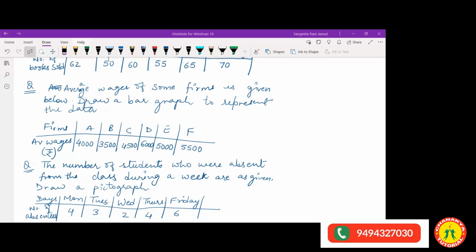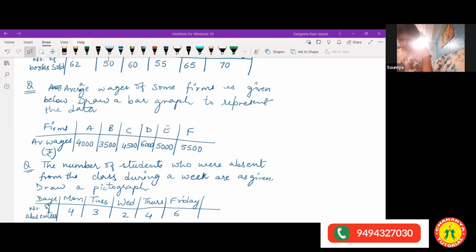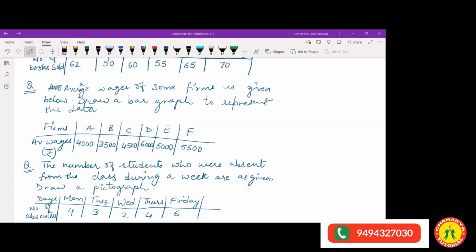See, you have the bars standing straight. That means you have not taken firms on x-axis. A, B, C you have taken on x-axis, no? Yes, ma'am. So write x-axis. X-axis is the sleeping axis, the sleeping line. Y-axis is the standing line.